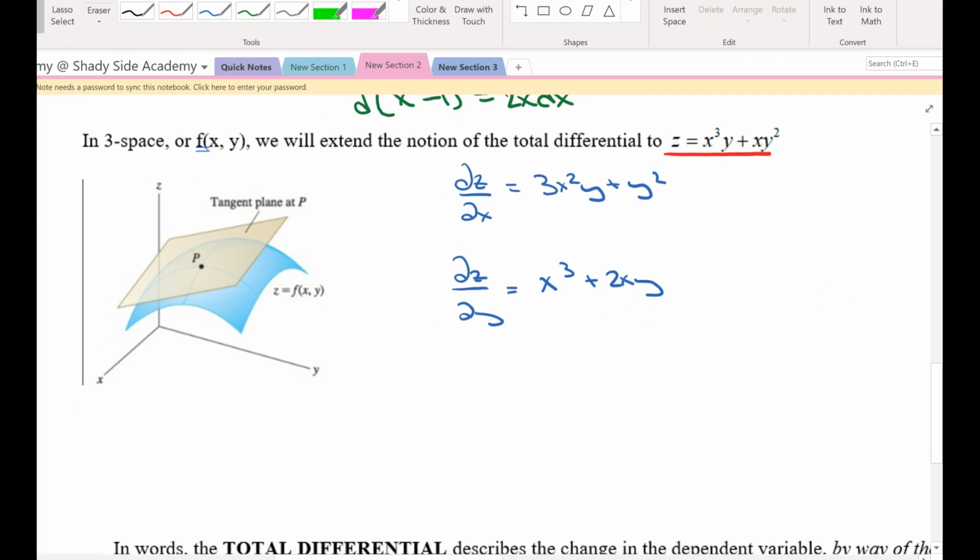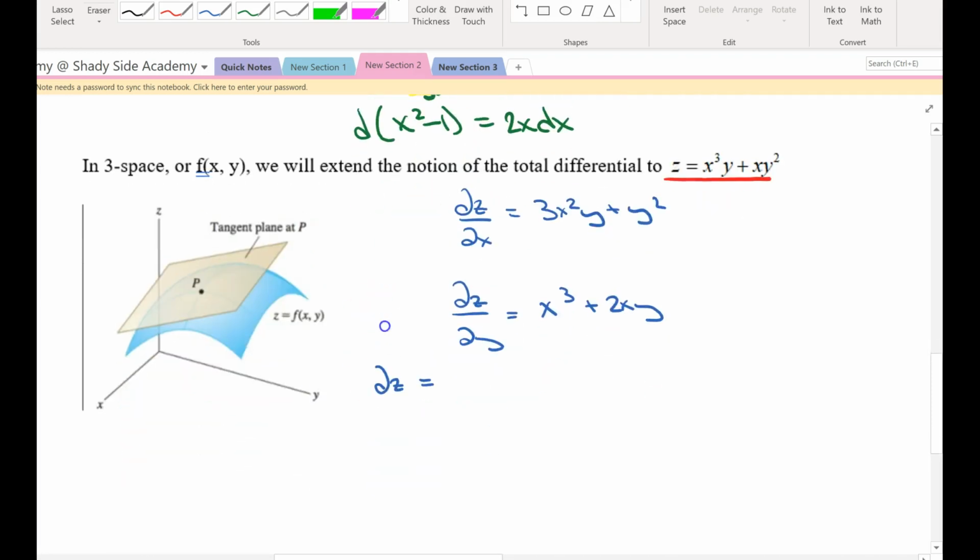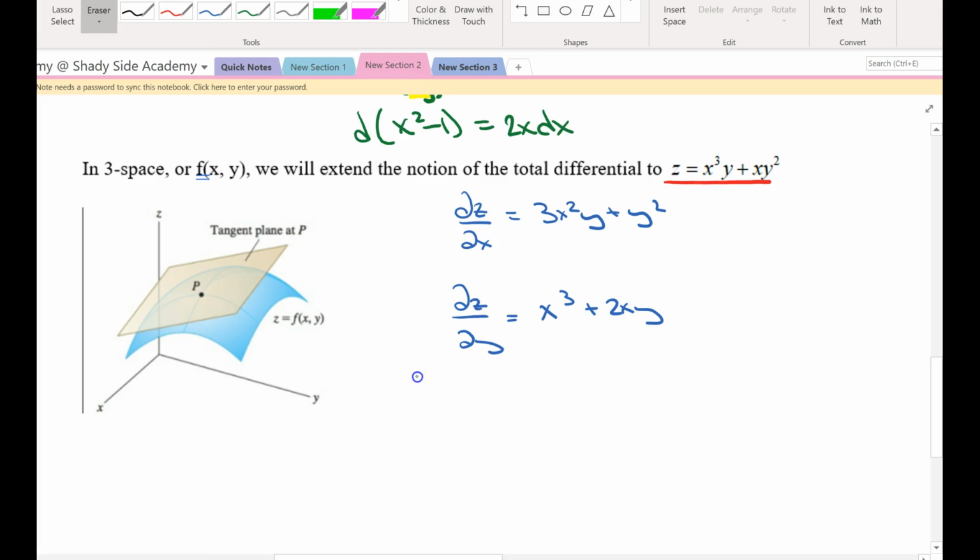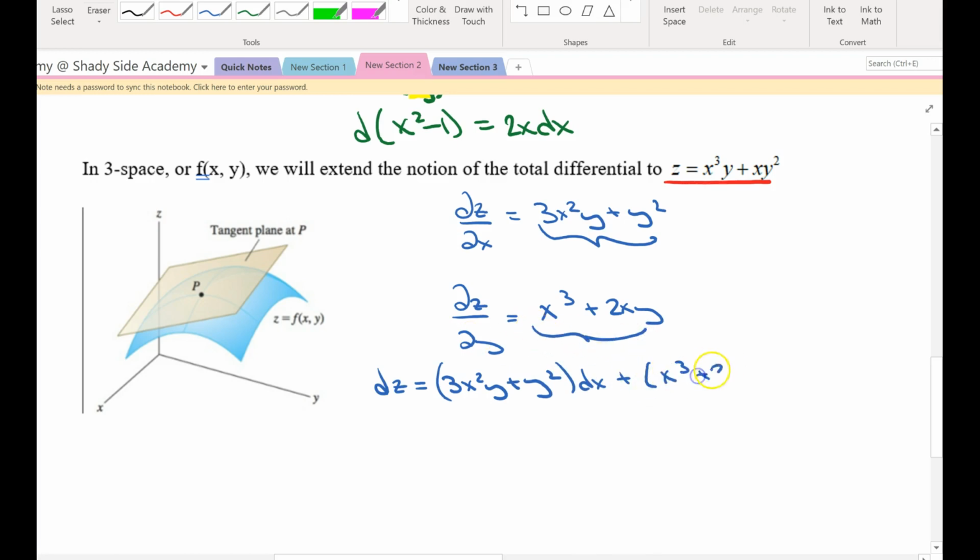Okay, if we're talking about the total differential, the total differential is equal to, and I will say here, when I use total differential, I just caught myself, that should be not as curly z. The total differential of z will equal dz by dx, so 3x squared y plus y squared, dx plus dz by dy, x cubed plus 2xy, dy.